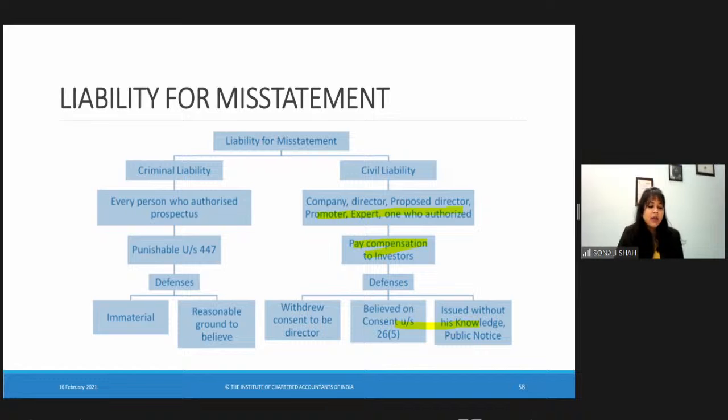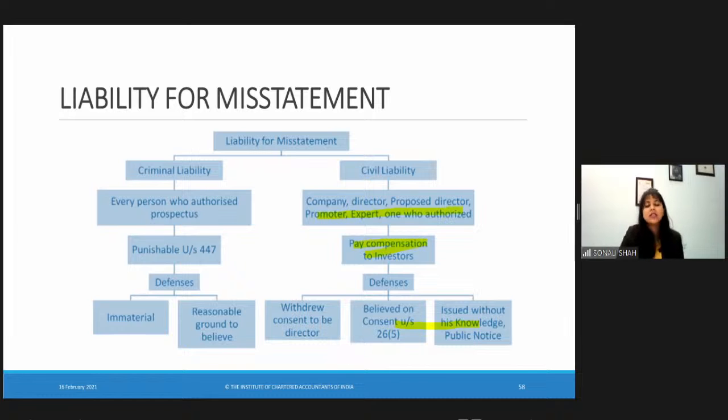Surya is asking me, ma'am, can you give an example? How can he prove that he was not aware of such an issue, being a KMP? So let's say Mr. X has given his authorization, if he has the signature on the prospectus, then he cannot escape. Let's say Mr. X, who is the KMP, was not in India, he was in the US at the time.